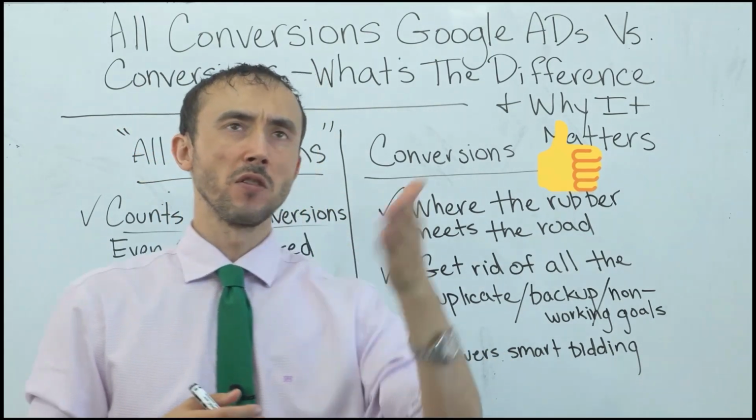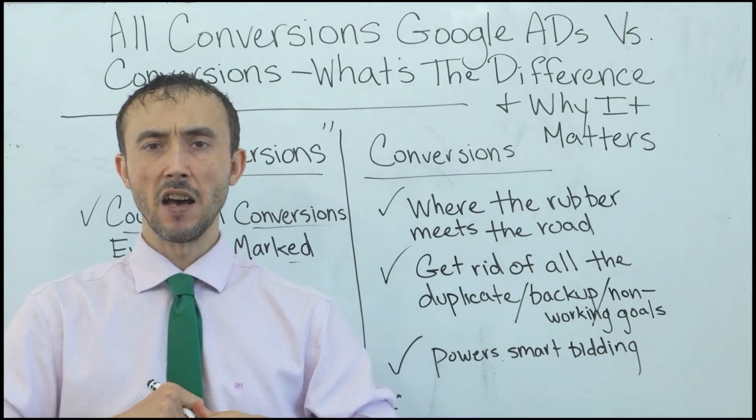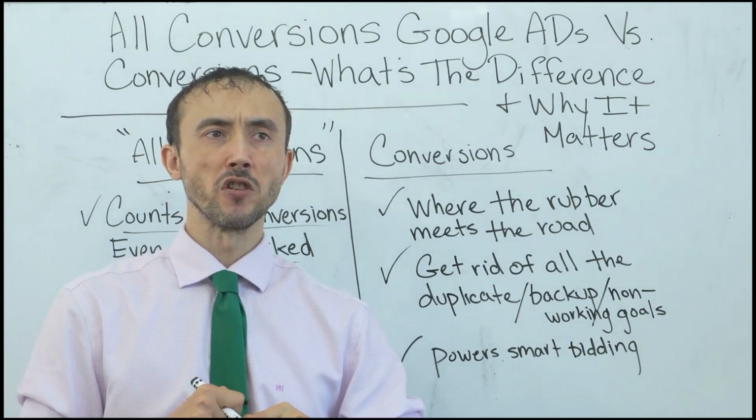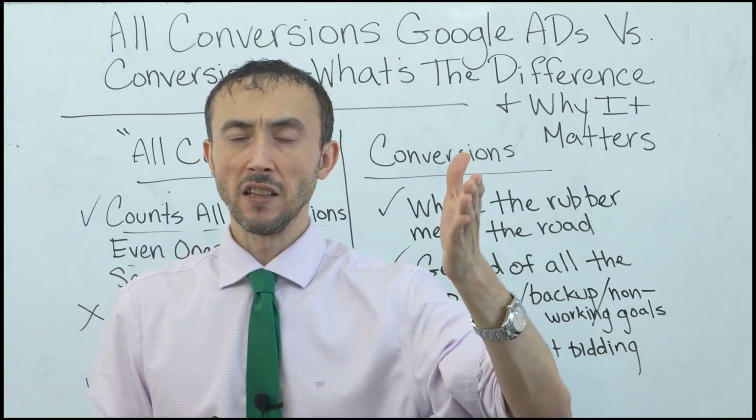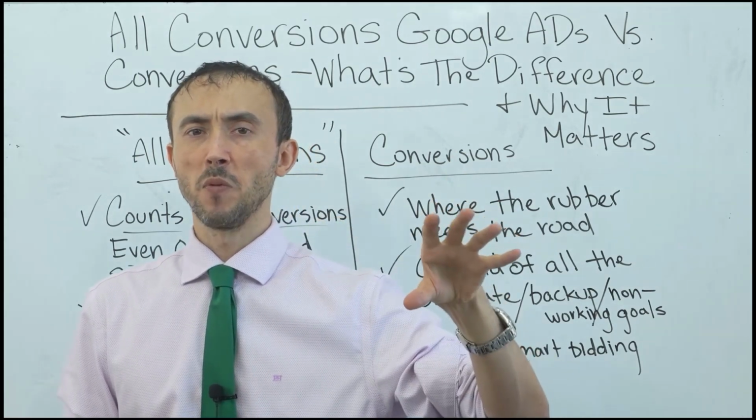Another good example of a decent micro conversion would be somebody who's been on the site at least 5 minutes. You could set that up as a goal.